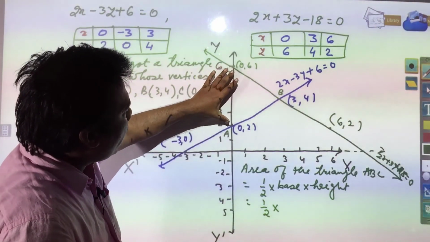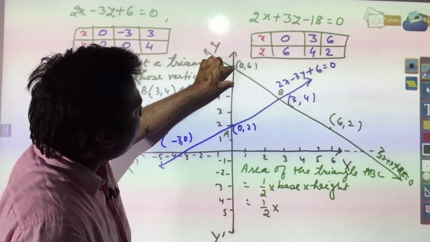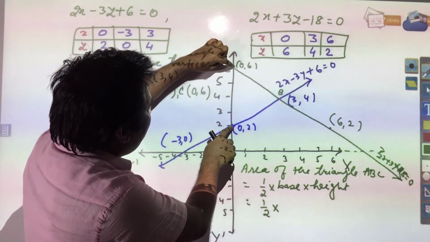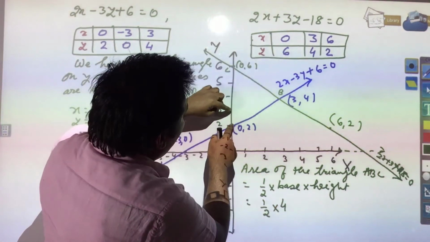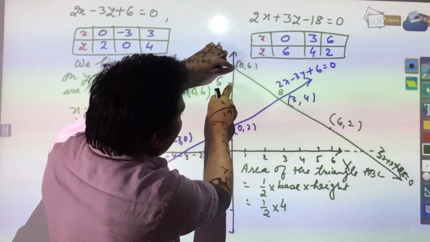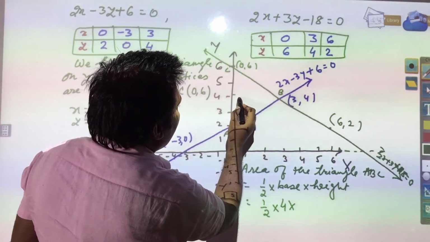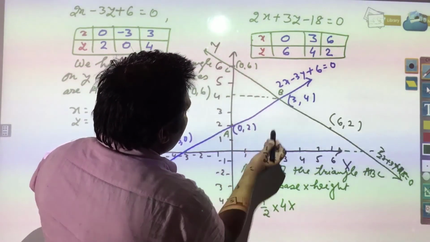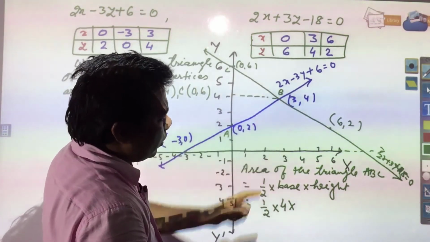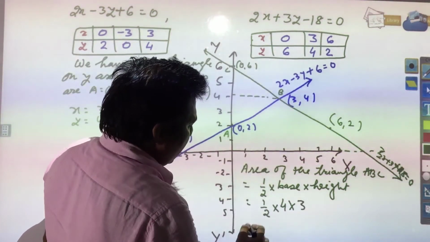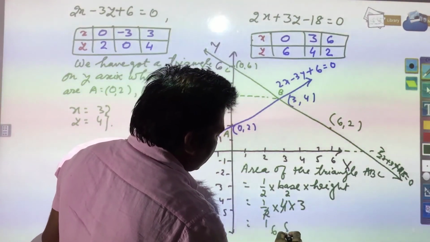So, your base is from 2 to 6, you see 1, 2, 3, 4. This length of base is 4, into height, you see, this is your height. So, what is this height? Your x coordinate is 3. So, 1 by 2 into 4 into 3 gives 6 square unit.